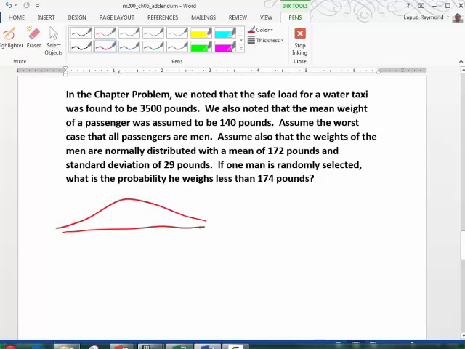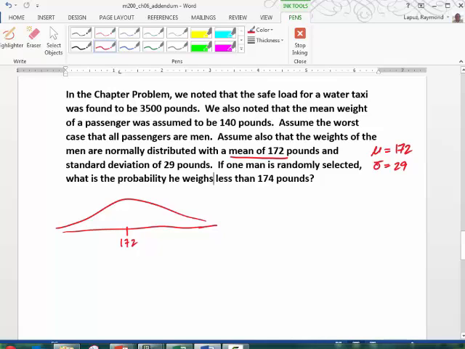Recall that the way I want you to do this is to always start off with a drawing. Our drawing will help us figure out our minimum and maximum values. Now we do have a non-standard normal distribution, so we should denote our mean, 172. Maybe we can write that off to the side, that our mean is 172 pounds and our standard deviation is 29.